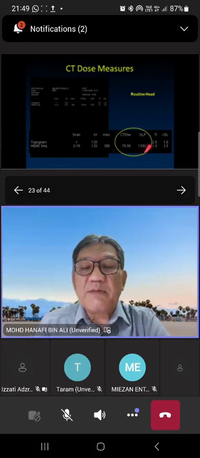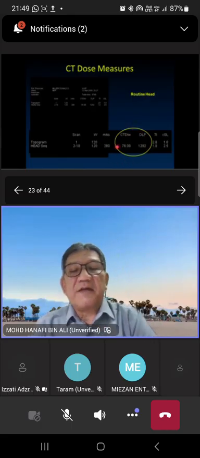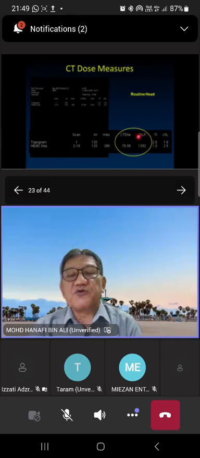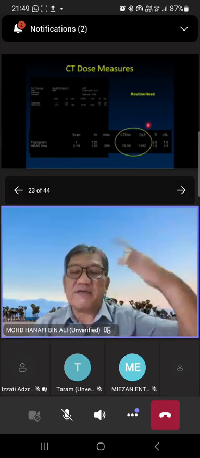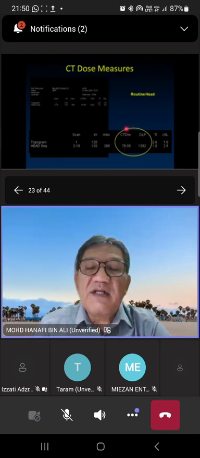So CT scan about 5, cosmic radiation around 2. An airline pilot is normally exposed to a lot of radiation because of cosmic radiation, and neutral background is 1.5 in Australia. I got this from ARPANSA.